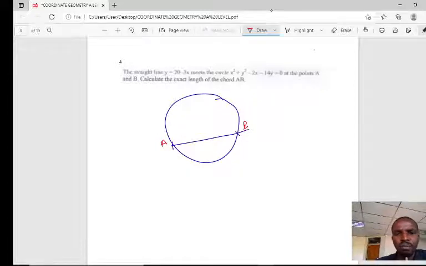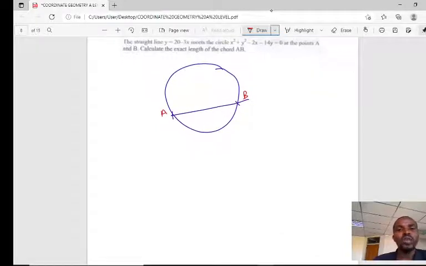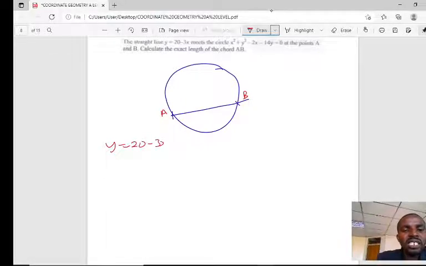Right, so first thing, we have to find the coordinates of A and B. How can you calculate the coordinates of A and B? First thing, you equate the equations of the line and the circle. Equation of a line, y is equal to 20 minus 3x. We call this equation 1.